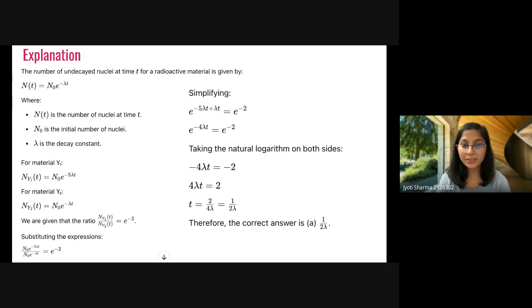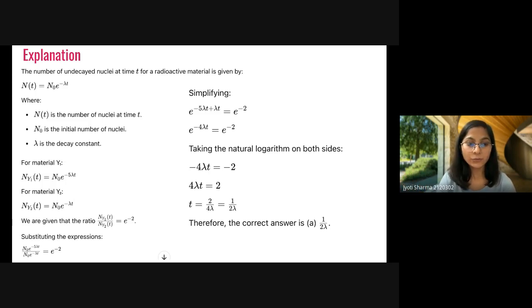So I think this is clear. My pen is not working right now, so I'm unable to write anything here, but I think you already understood what I want to say. You have two equations; in them, write the value of alpha, which will be 5 alpha and alpha, and the ratio is already given as e raised to power minus 2.